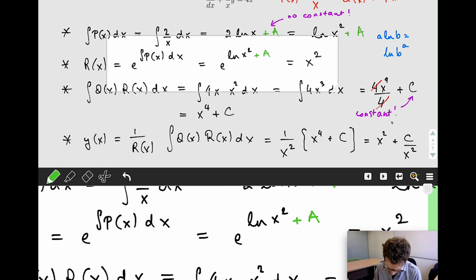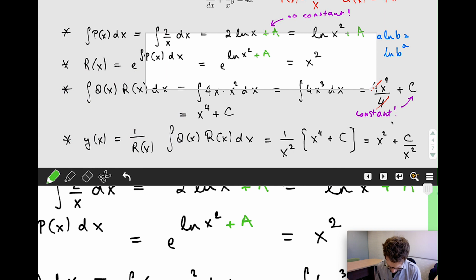Now remember, we actually saw in one of the earlier examples that having something like e to the natural log x squared plus a can be written as a product. So that could be e to the natural log x squared times e to the a. So if I call e to the a a new variable b, you see I've got a multiplicative constant b times x squared.